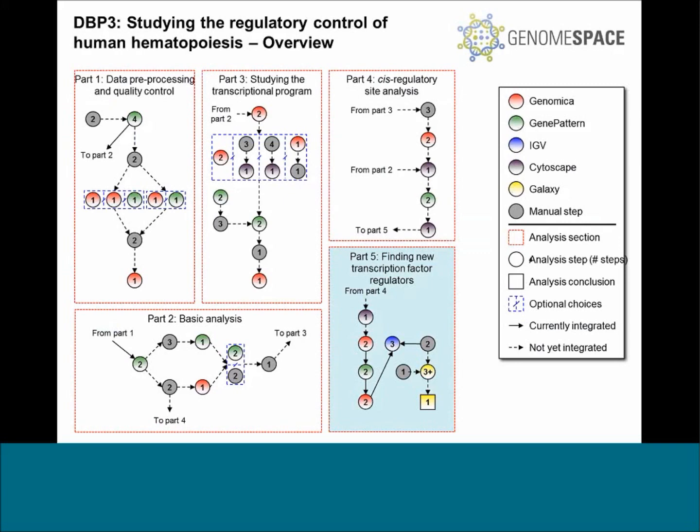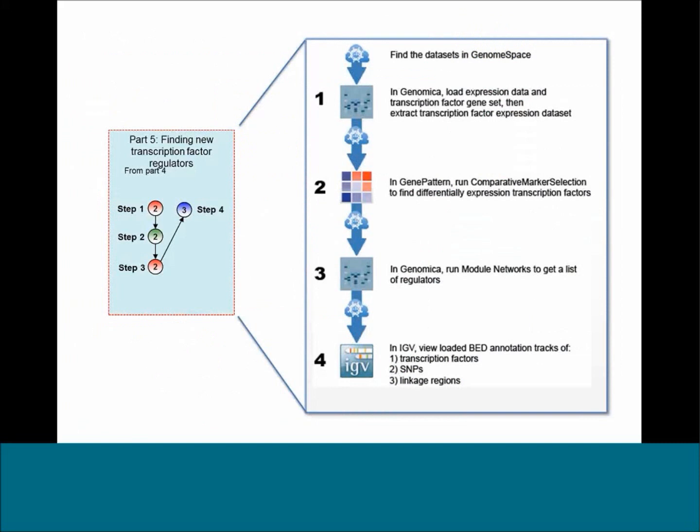To focus down on this, what we'll be seeing is the loading of an expression data set into Genomica, and that's going to determine our transcription factor data sets. The data set itself is going to contain about 200 samples and 8,000 genes, with also a database of transcription factors.